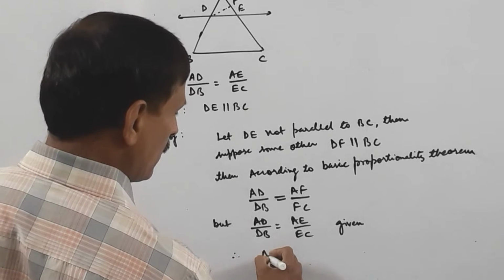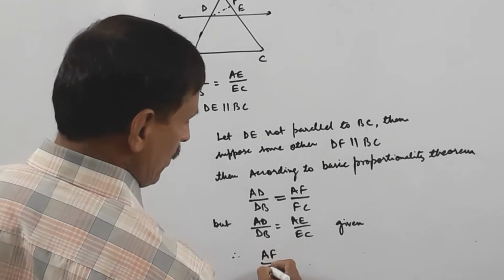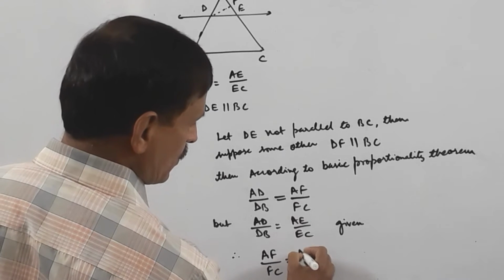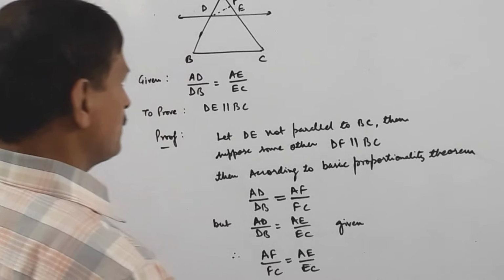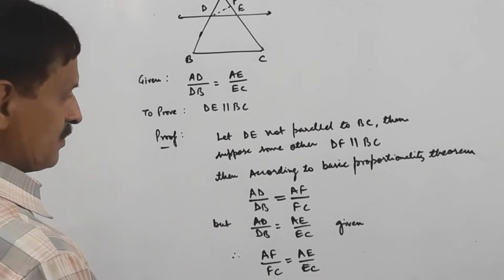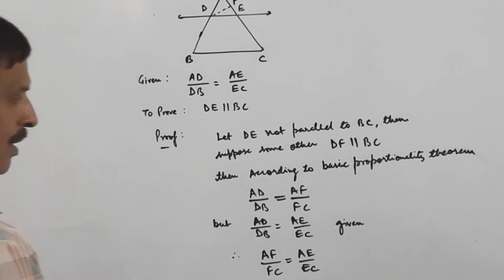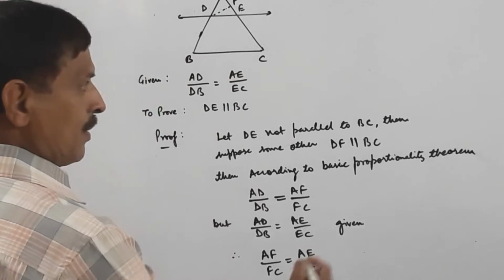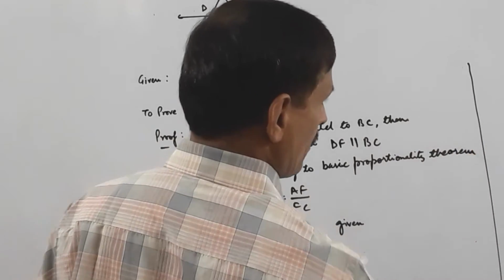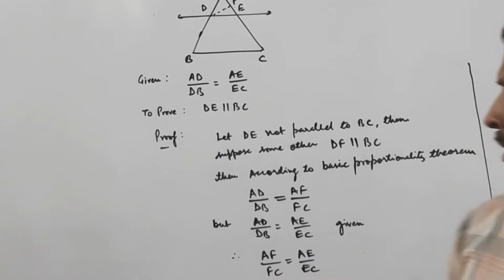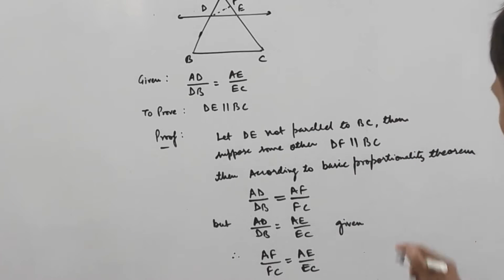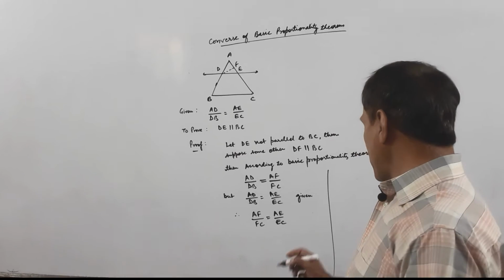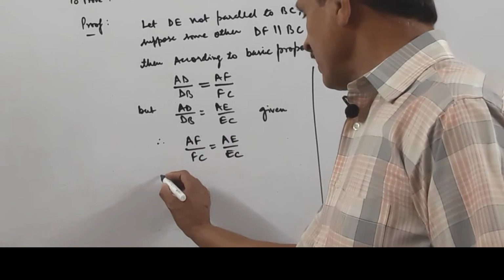Therefore, AF upon FC is equal to AE upon EC. Now, we add 1 on both sides.